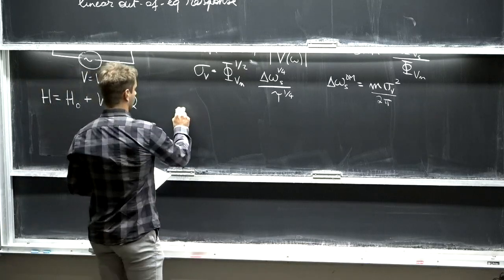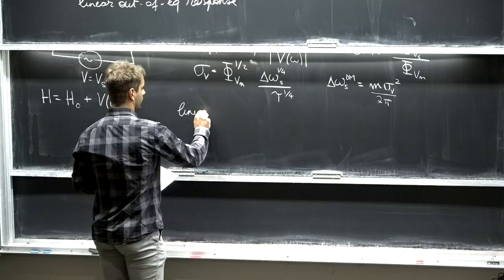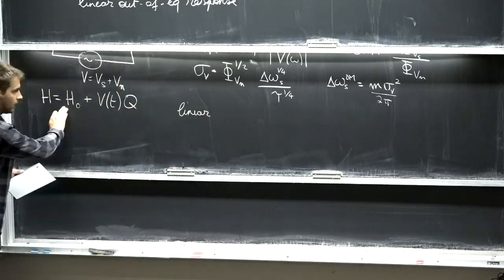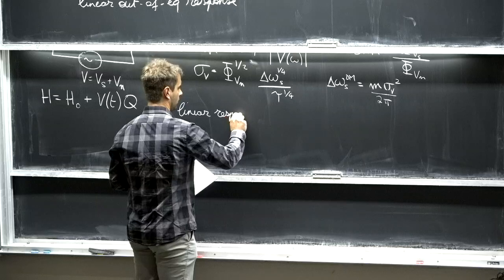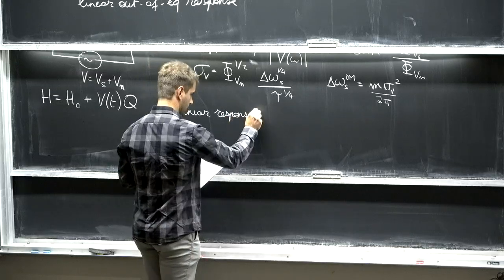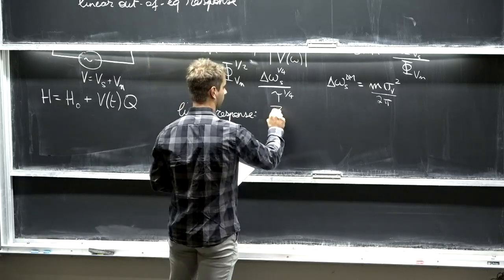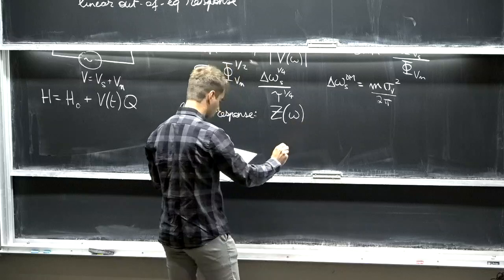And so what you need out of your H naught here is the linear response, which is characterized by this complex impedance, right?